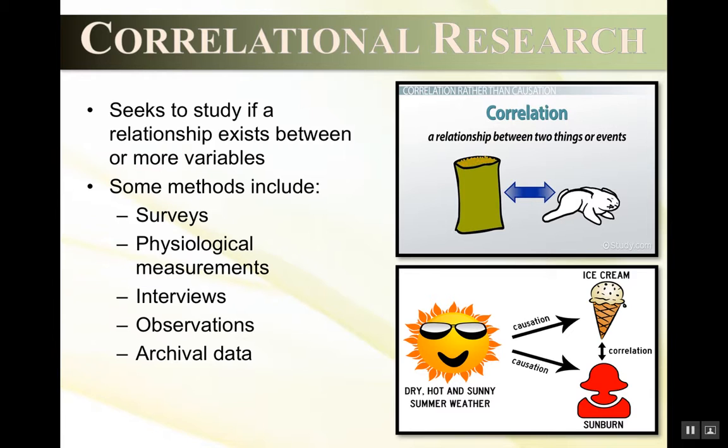It may be a factor, but it may not be the exact reason why something happened. So some methods that are in correlation research are surveys, psychological measurements, interviews, observations, and archival data.